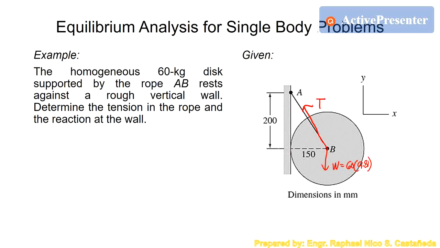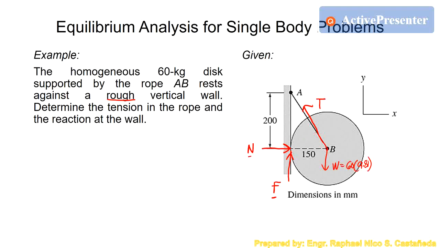And we have here the normal force, and since it is a rough surface, meaning a friction surface, there will be a friction force. Remember that the direction of the normal and the friction force is not yet final, because we don't know if we have the correct assumption.